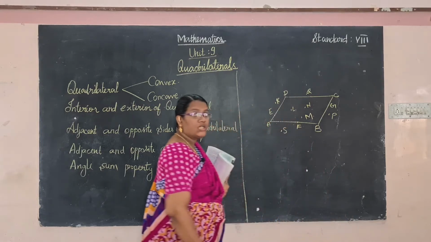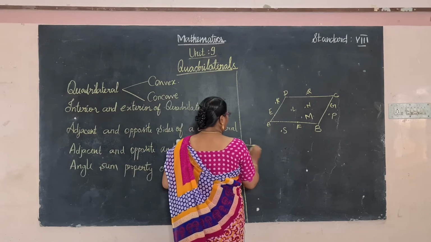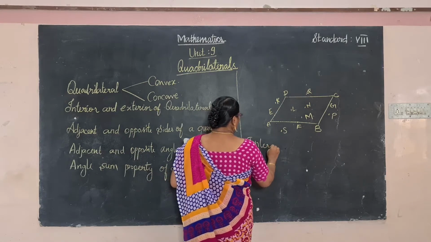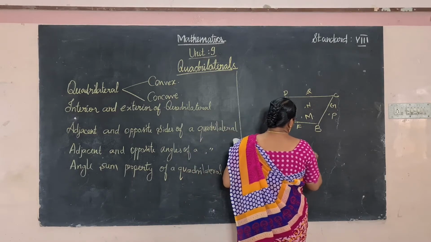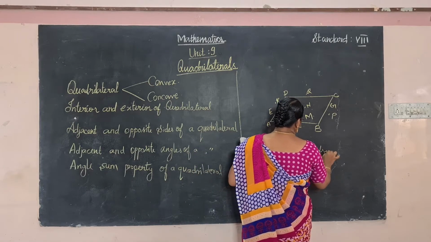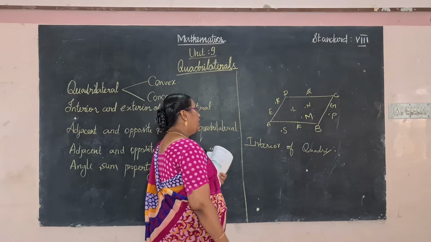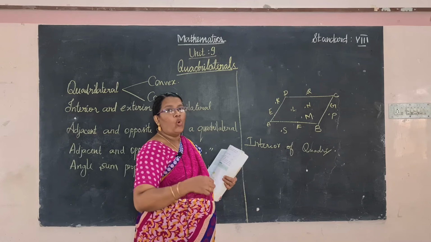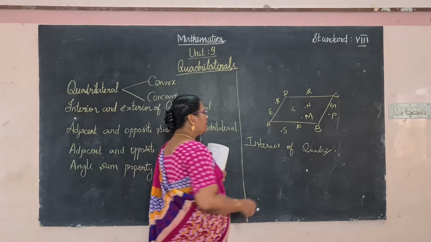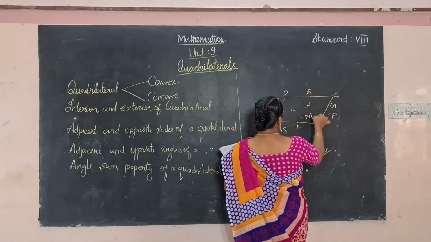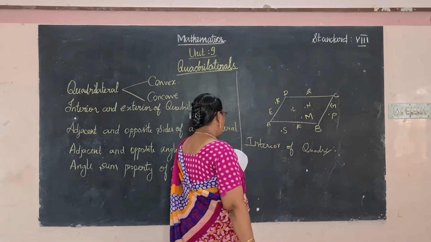Okay, first let us see the interior of the quadrilateral. Interior of the quadrilateral means the points which lie inside of the quadrilateral. So here which are the points inside of the quadrilateral? L, M, N.